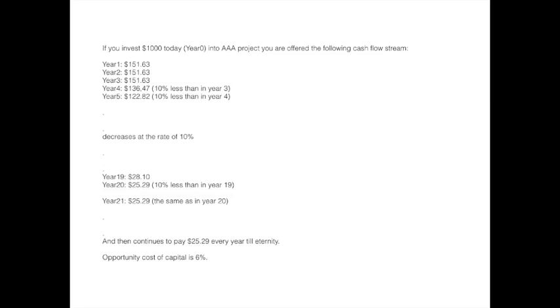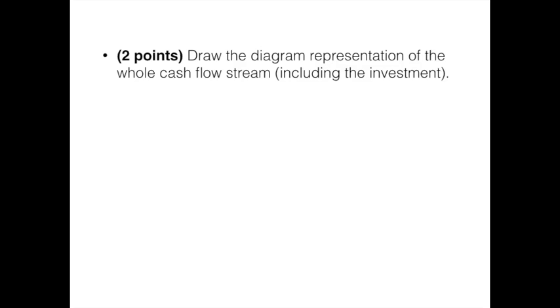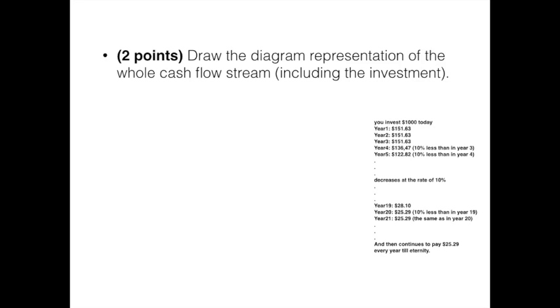You have a description of a cash flow stream. You have a discount rate, which is 6%. And I will first ask you to please draw me this cash flow stream. Show me how it looks. You have to translate this text into a diagram. First you have an investment of $1,000.